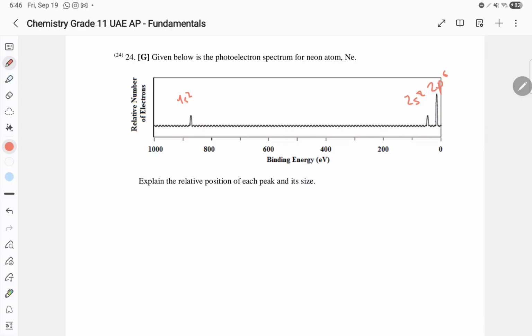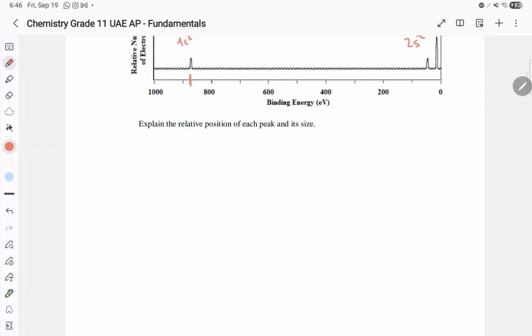Now, the peak is very far to the left from the 2s2. It's because it requires much more energy to be removed than the 2s2. When you're drawing it, here's your nucleus. Here is 1s2, and here would be 2s2. It's a high jump in energy level. And then here would be 2p6.